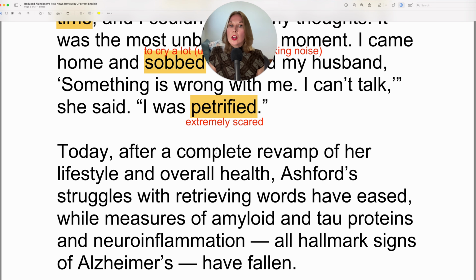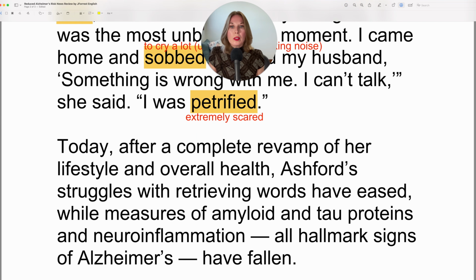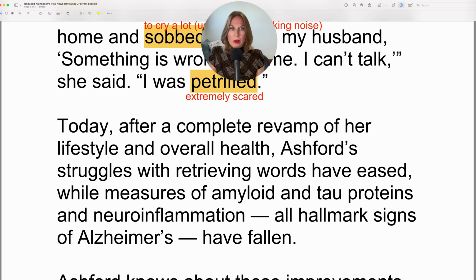Today, after a complete revamp of her lifestyle and overall health, Ashford's struggles with retrieving words have eased. Notice here we have Ashford's struggles. So struggles is a noun and they belong to her. Her last name is Ashford. That's why we have this possessive here. Ashford's struggles, her struggles.